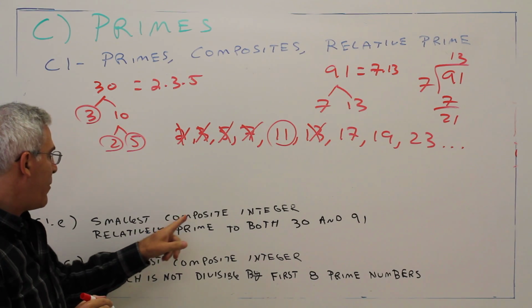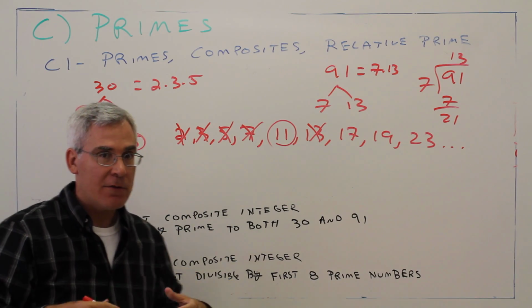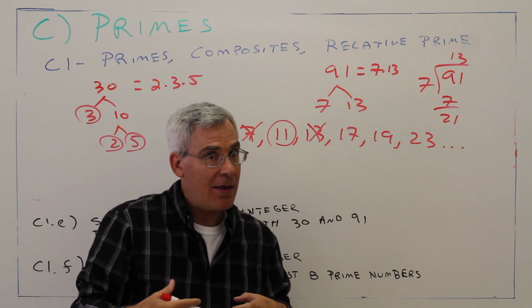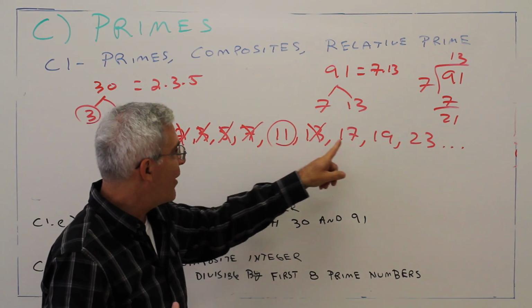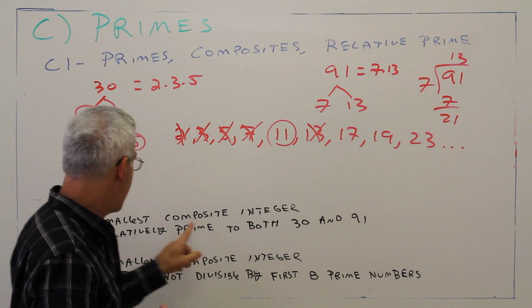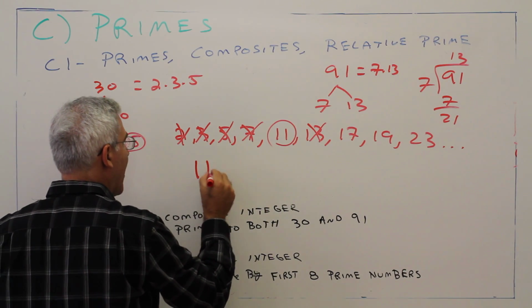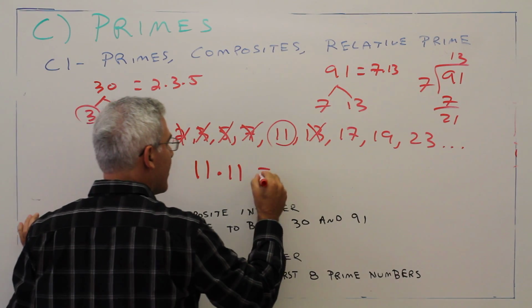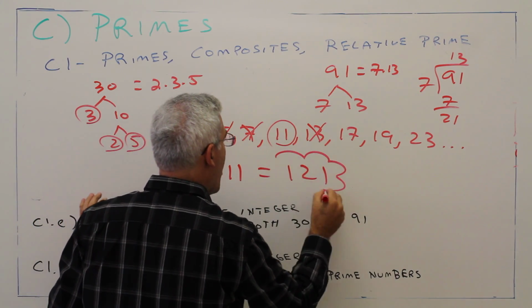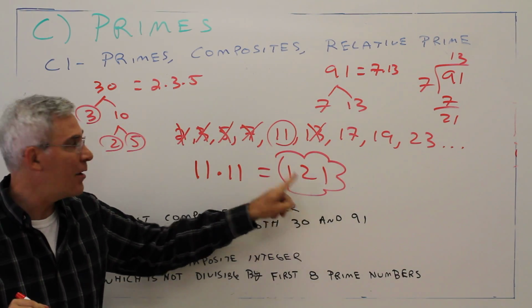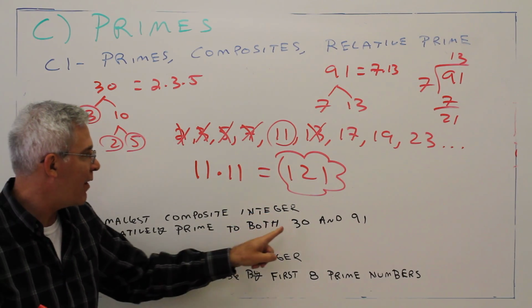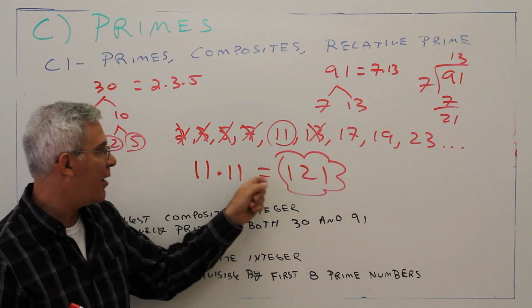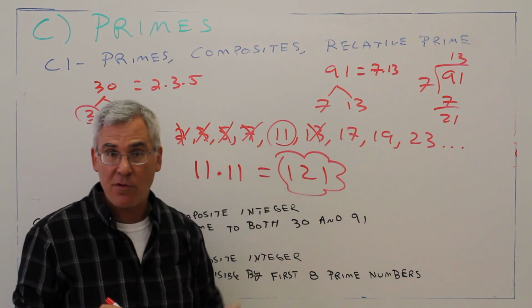And it says it's got to be a composite integer. So I won't have it be 11, I'll have it be 11 times 11. I could go 11 times 17, but that would be larger. They said the smallest. So 11 times 11 equals 121. That's composite, and it's the smallest composite integer which is relatively prime to both 30 and 91. It's got factors of 11, whereas those numbers do not.